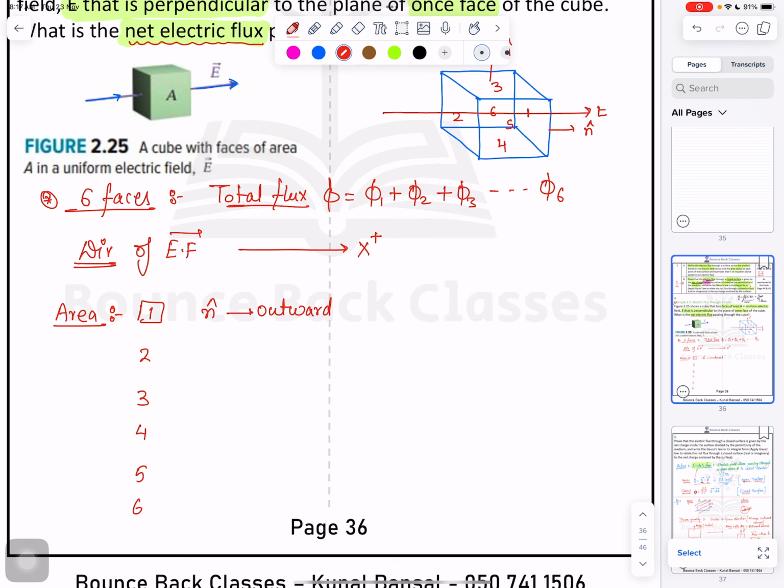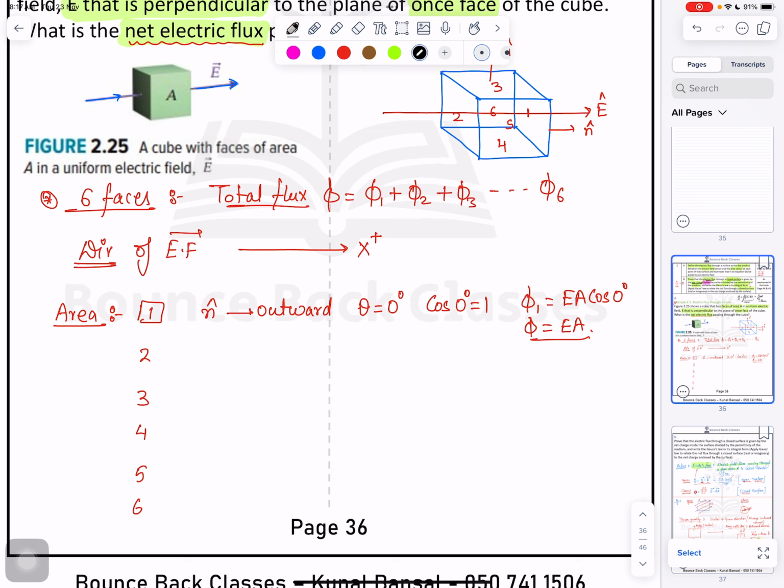And this is the electric field. Clear? So can I say theta is equal to 0 degrees? Cos 0 degrees is 1. So flux 1 is equal to EA cos 0, which is equal to EA. Clear, guys? Easy. Okay, now for the second area, where is the n cap?